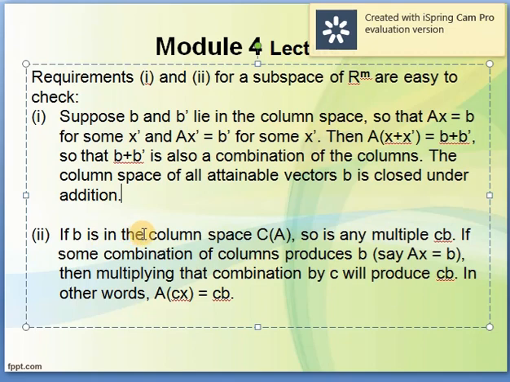And if B is in the column space of A, so is any multiple of it, CB. If some combination of columns produces B, Ax equal to B, then multiplying that combination by C will produce CB.